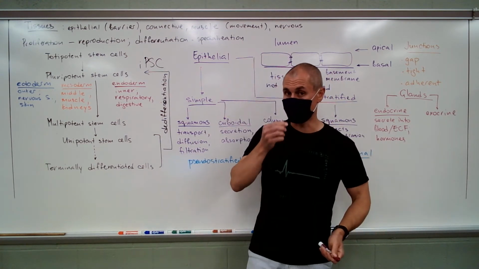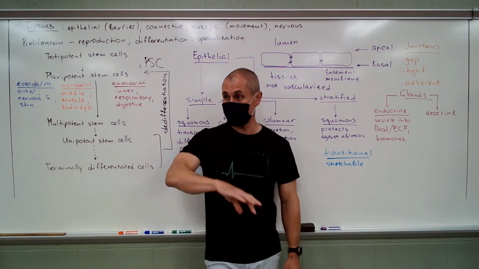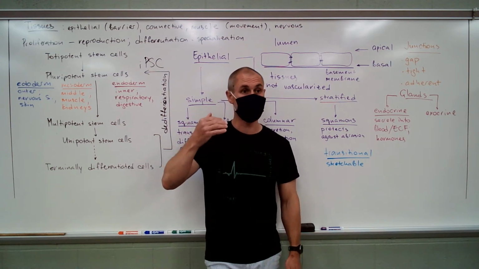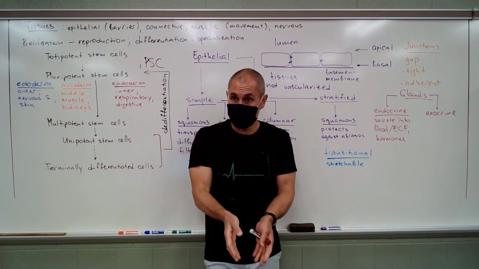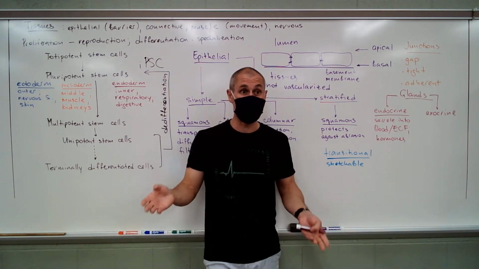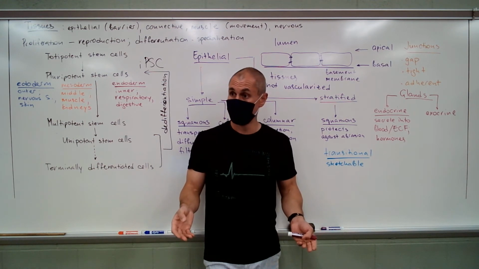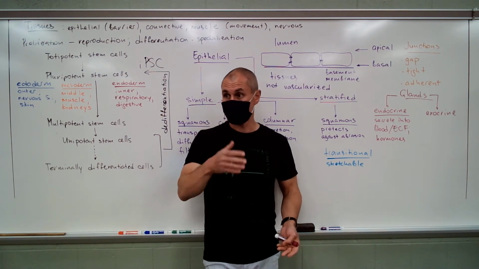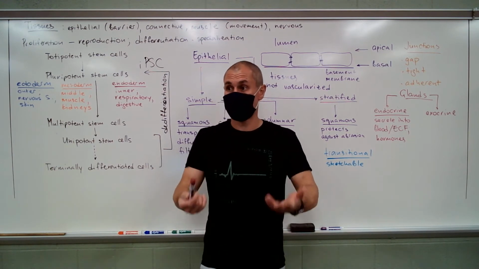So for instance, you have the pancreas, which is both an endocrine and exocrine gland, but its exocrine component produces pancreatic juice that gets into your intestine. Your liver is a gigantic exocrine gland that produces bile. Does that make sense?